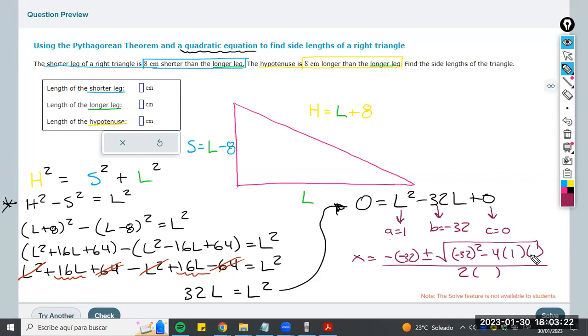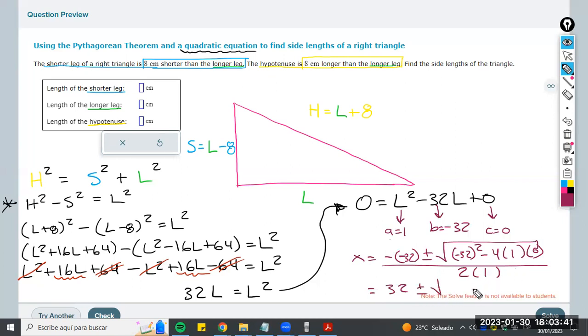The value of A is 1 and C is 0. And then we have 2 times 1, equals 32 plus and minus.